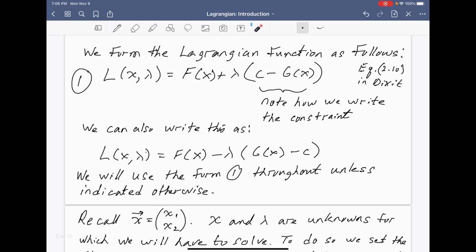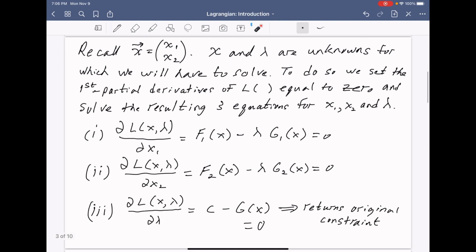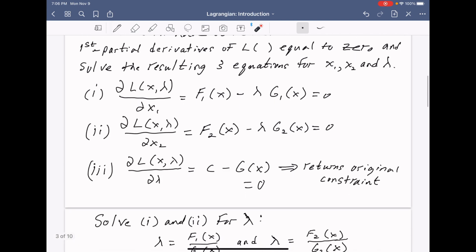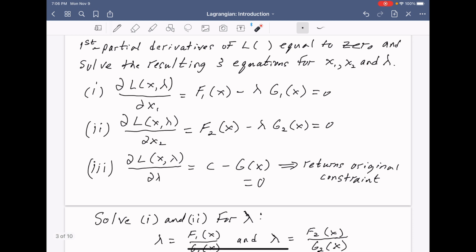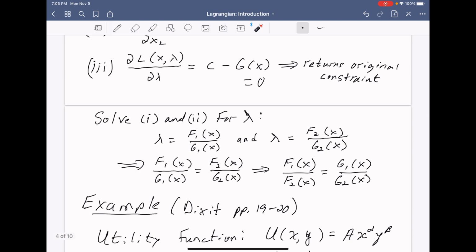The same thing would occur if we use this functional form; we'd have the negative here, however. And finally, the third condition is simply that the partial derivative of the Lagrangian with respect to lambda is c minus g of x, set equal to 0, and we just get the original constraint back, which is almost always the case. Well, it is always the case if we do this for the lambda.